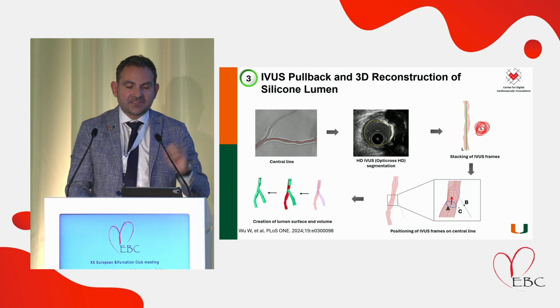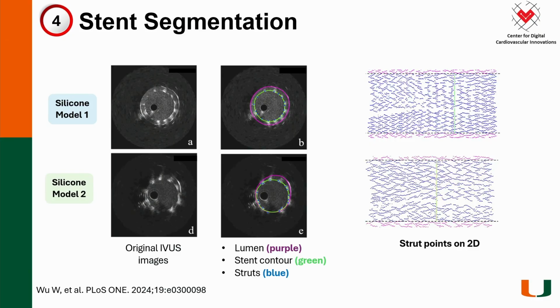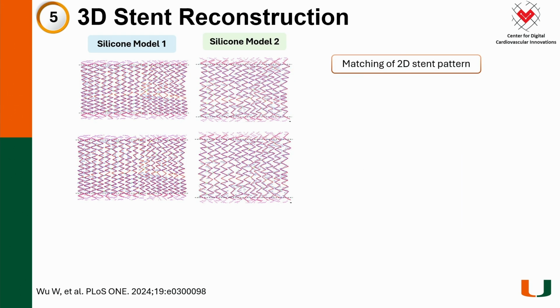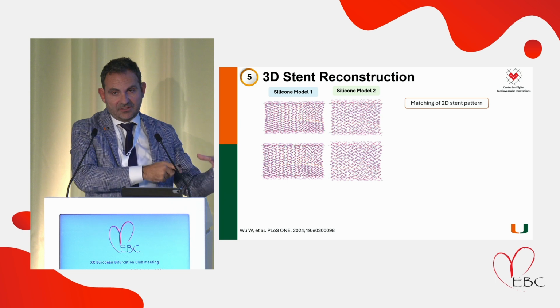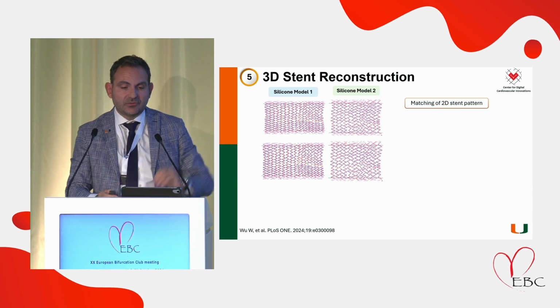silicon patient-specific model. Then we segment the struts of the stent, shown here in blue, and then we put them all on the 2D, as shown on the top right. And then we do something very interesting. We match these segmented blue points with the manufacturer's known stent design for Synergy or Megatron, whatever stent we use.